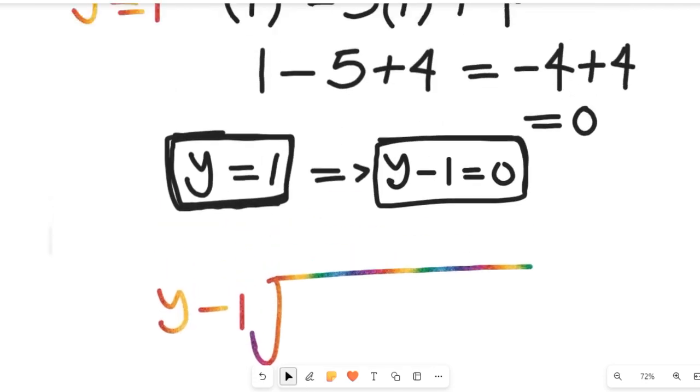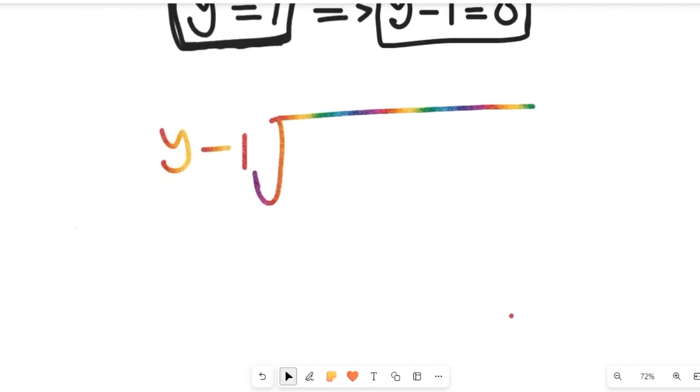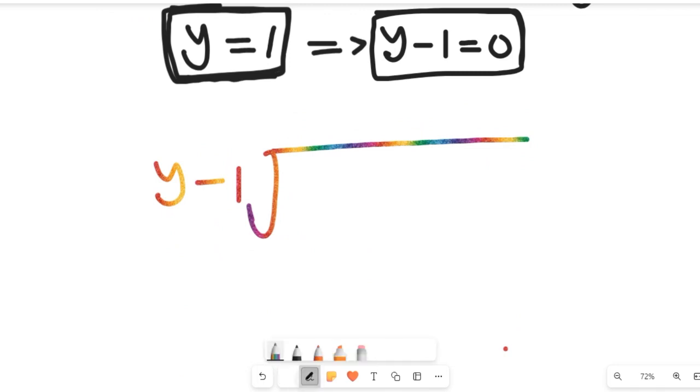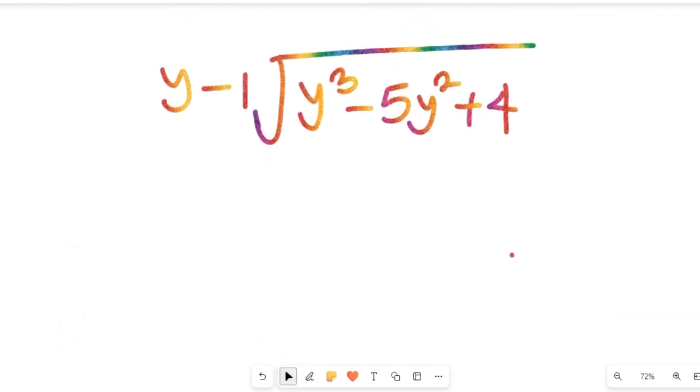And what is that polynomial equation? y to the power of 3 minus 5y squared plus 4 equal to 0. If we divide this, we are going to have a quadratic equation that will give us the next two solutions of that polynomial equation.